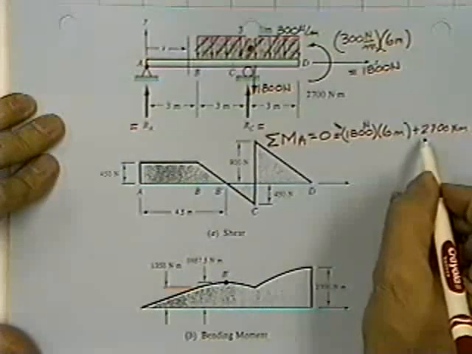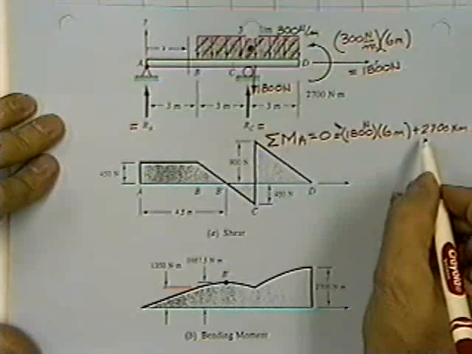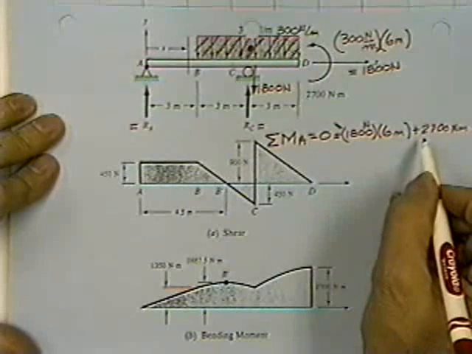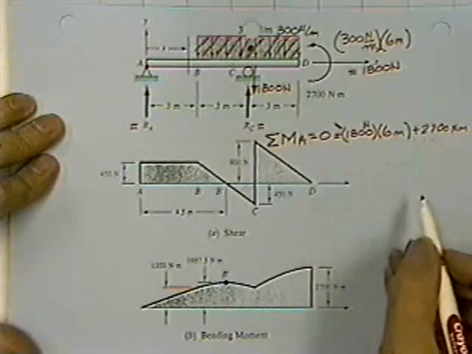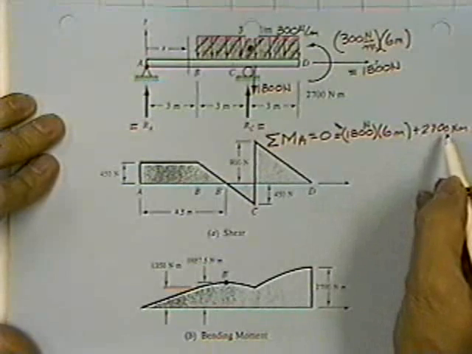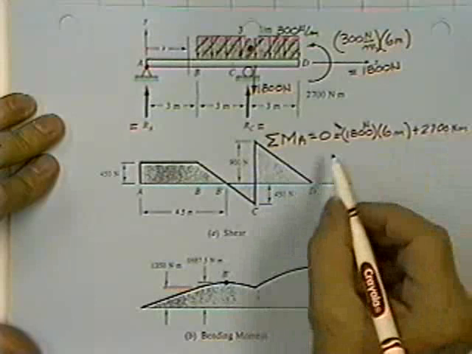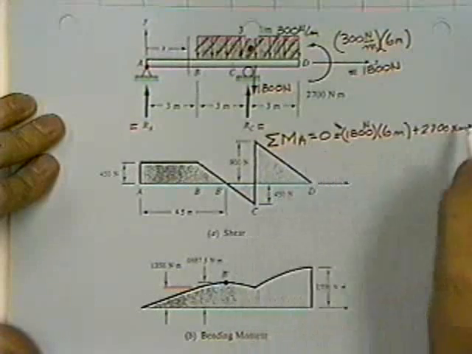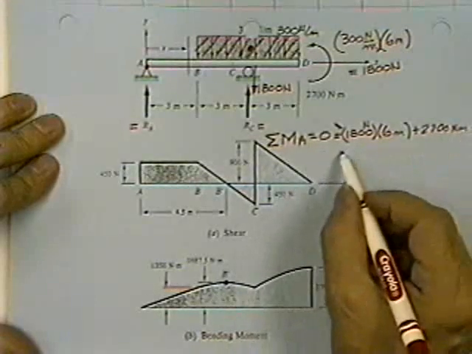If you multiply the 2,700 newton meters times 9 meters, you get a newton meter meter. Nobody's ever found a use for a newton meter meter. The 2,700 is already a rotating type of affair.